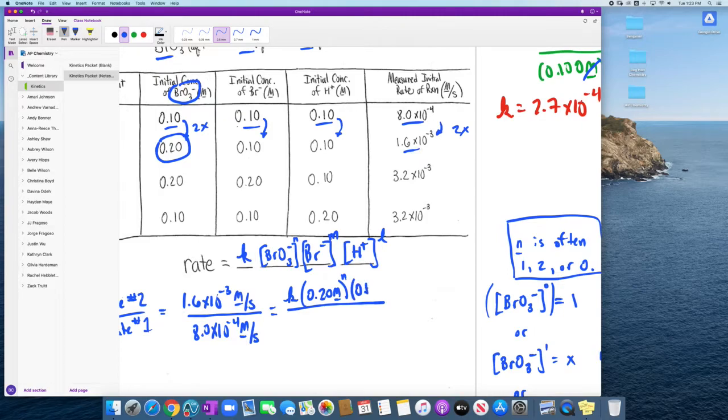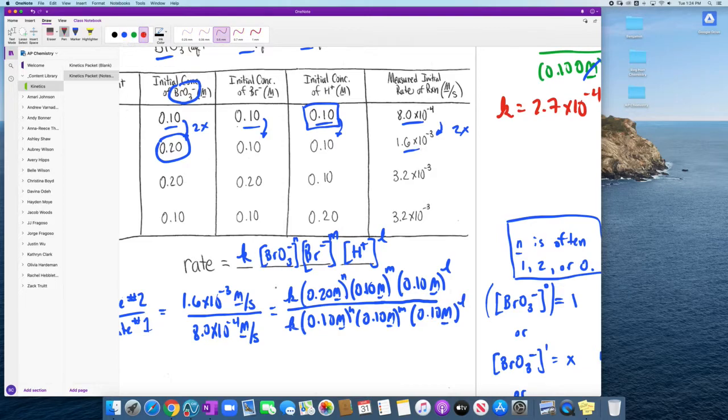Everything else is 0.1 molar raised to the m, and 0.1 molar, this one here, hydrogen ion concentration, raised to the L. The first experiment, everything was 0.1 molar. N, 0.1 molar bromide ion raised to the M, 0.1 molar hydrogen ion raised to the L.